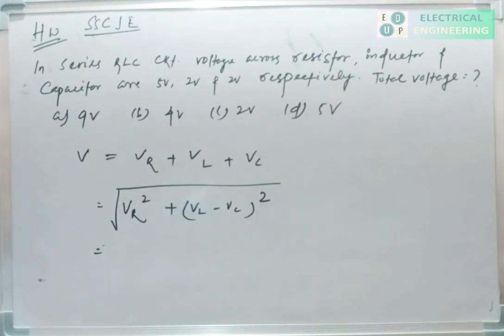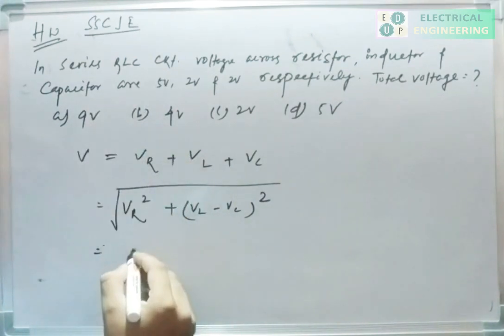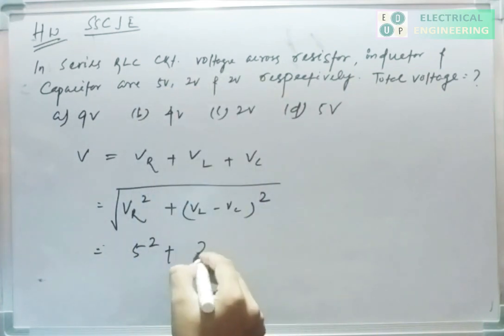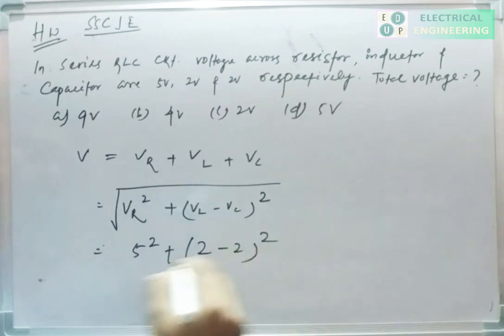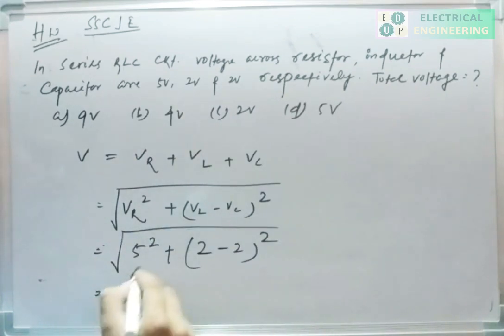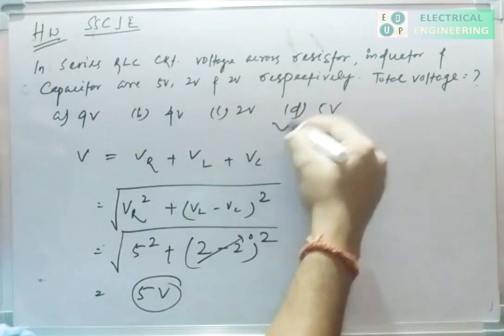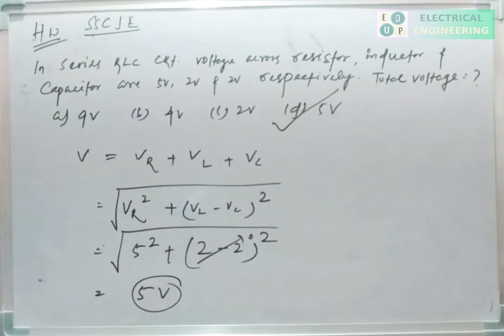How much is VR? That is 5 square. VL minus VC are the same, so 2 minus 2 whole square is 0. So the square root of 5 square is 5 volt. So the answer is 5.